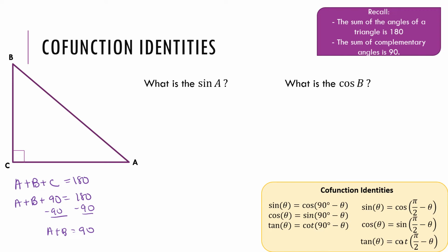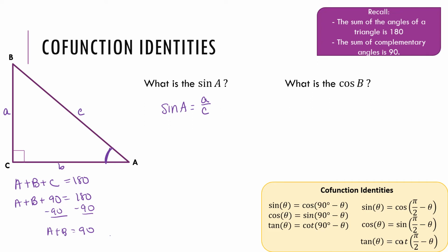What is the sine of angle A? So here's angle A. If I label my sides A, B, and C, the sine of angle A would equal opposite over hypotenuse.